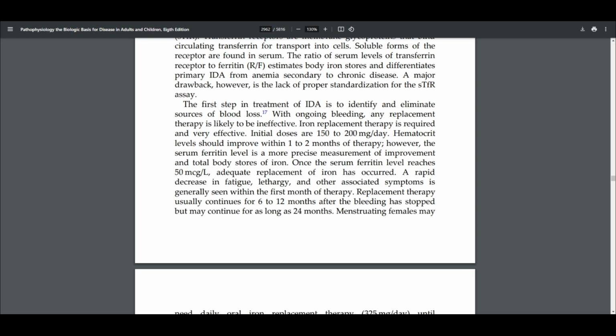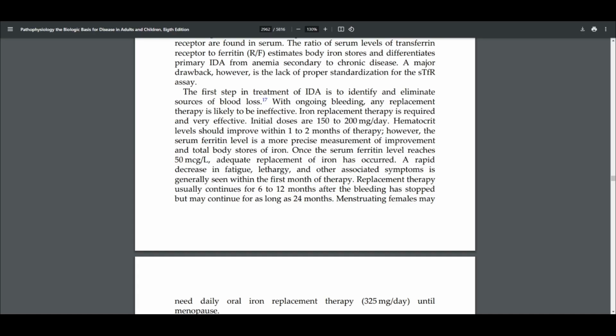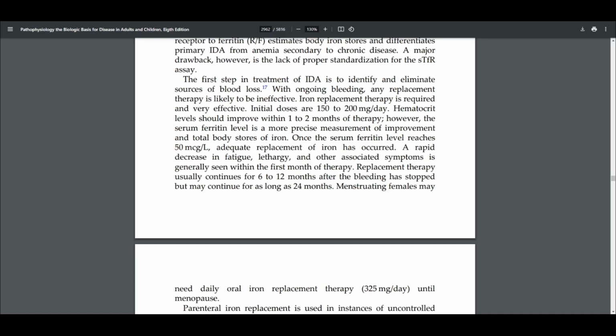The first step in treatment of IDA is to identify and eliminate sources of blood loss. With ongoing bleeding, replacement therapy is likely to be ineffective. Iron replacement therapy is required and very effective. Initial doses are 150 to 200 milligrams per day. Hematocrit levels should improve within 1 to 2 months of therapy.